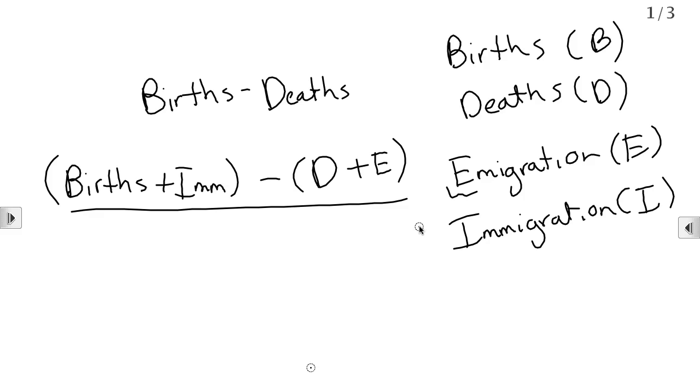So if I don't have crude rates, if I have just absolute numbers, it's not a crude rate. So they just tell me the numbers of people that come and go. Not crude rates, just numbers. What would I do? Caleb, what do you think? When I do percentage, do you know the formula for percentage?